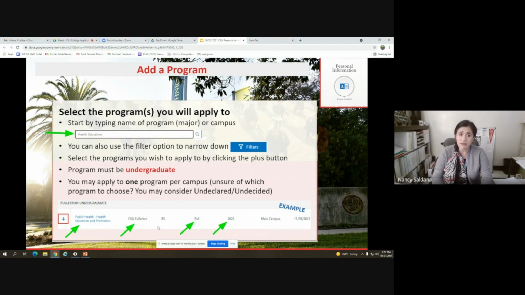You type in your major here, and your university here as well. Once you've identified the program and the university you are applying to, that information will then be listed here.